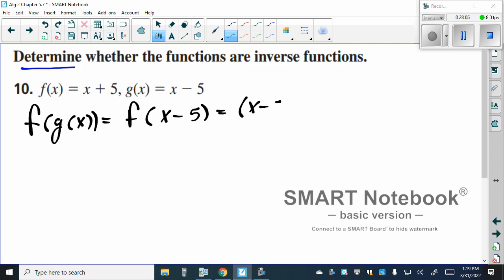So what we'll have is x minus 5 in parentheses plus 5. Well, that there is x minus 5 plus 5, which is apparently nothing. X. So is that the value that we wanted for these to be inverses? Yes. Okay. So we'll need to go on and check the other one just to make sure.